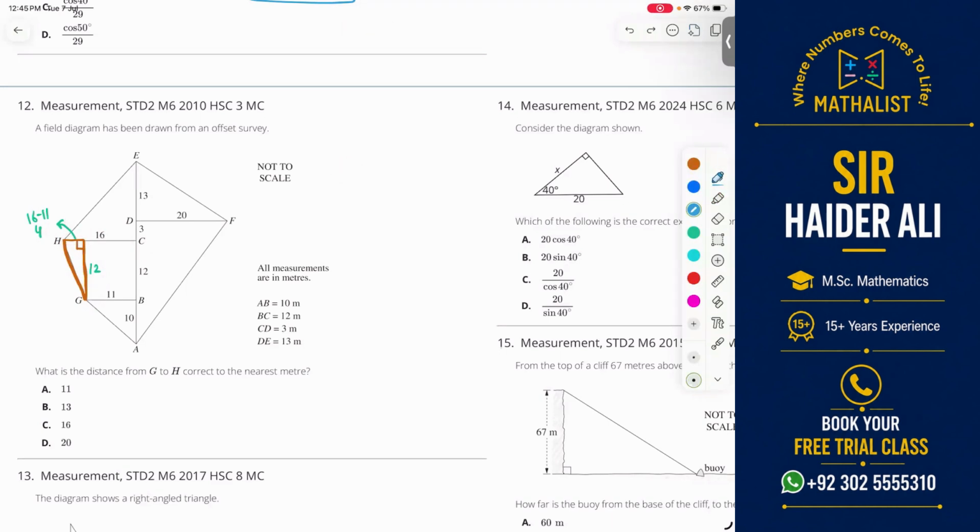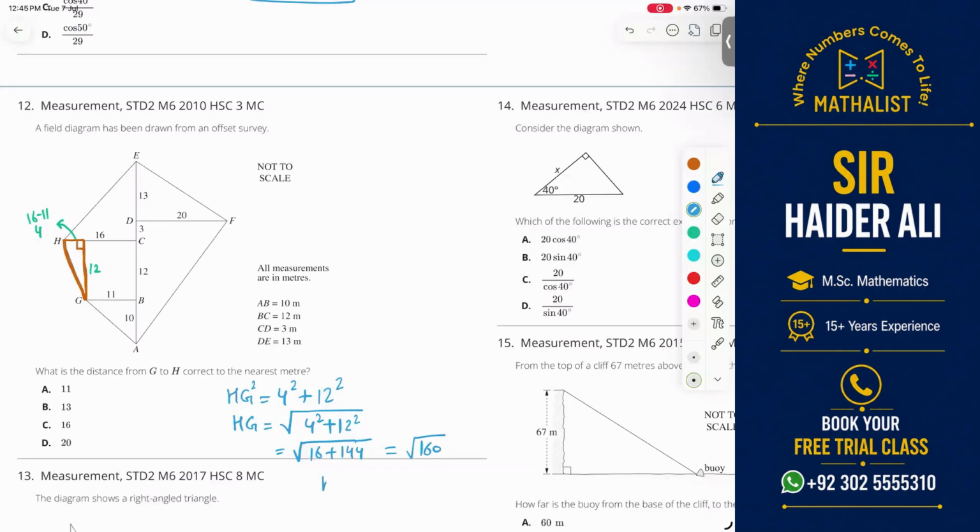Further now, to find the height, you can apply HG square is equal to 4 square plus 12 square. Apply square root on both sides. It will be square root 116.